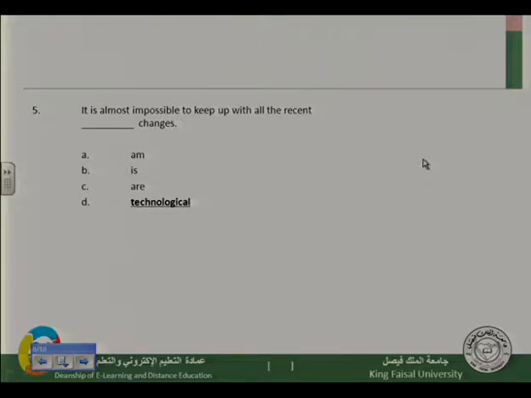Of course, obviously, if you get choices with is and are, and you get technological, it's like saying the correct answer is actually technological. But it's one of those easy questions that we throw in some tests.